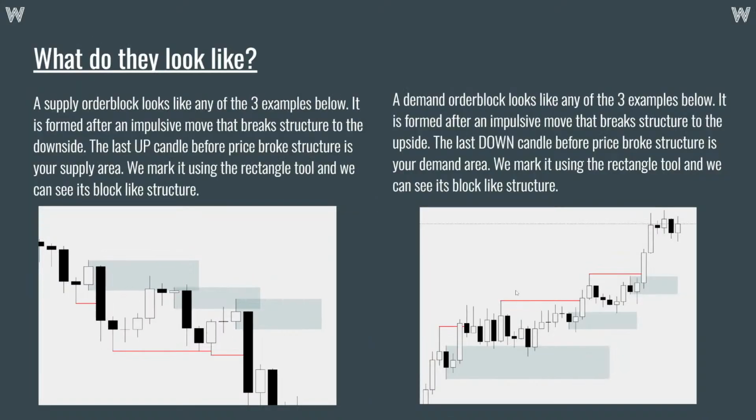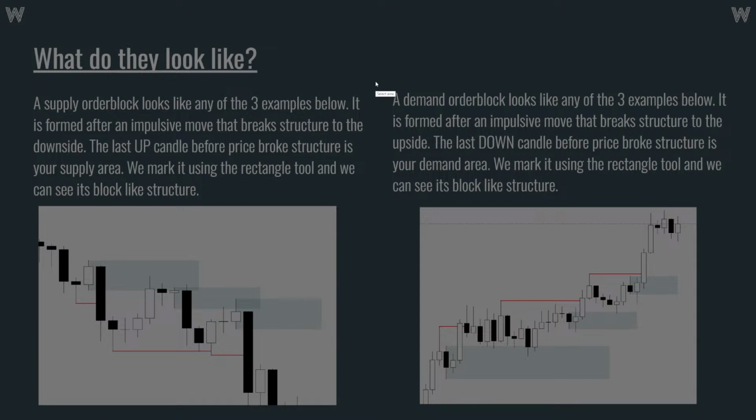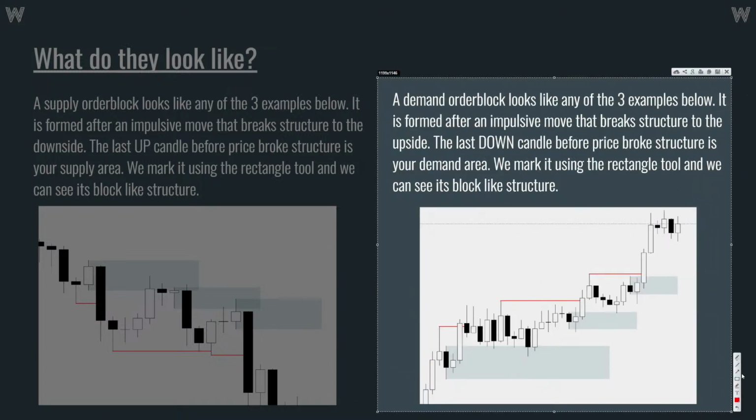And then the same case for demand here. Any of the three examples below is formed after an impulsive move to the upside. So we can see here, an impulsive move to the upside. This was the last down candle, because in this case for demand, it's the last down candle before price broke structure to the upside, right? You can see it acts as a sort of support area.